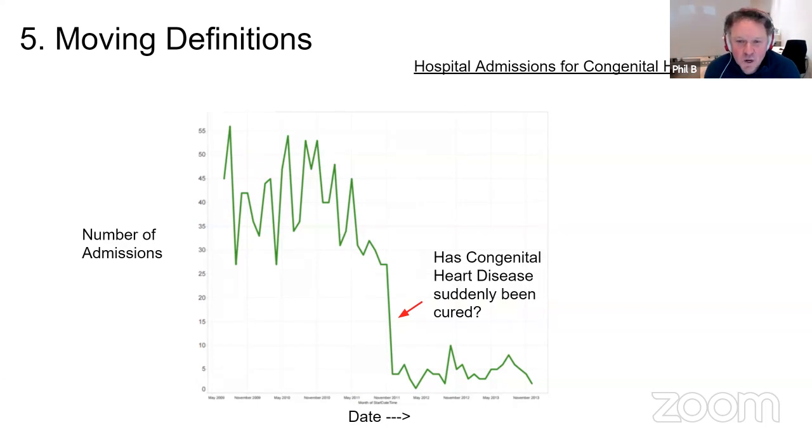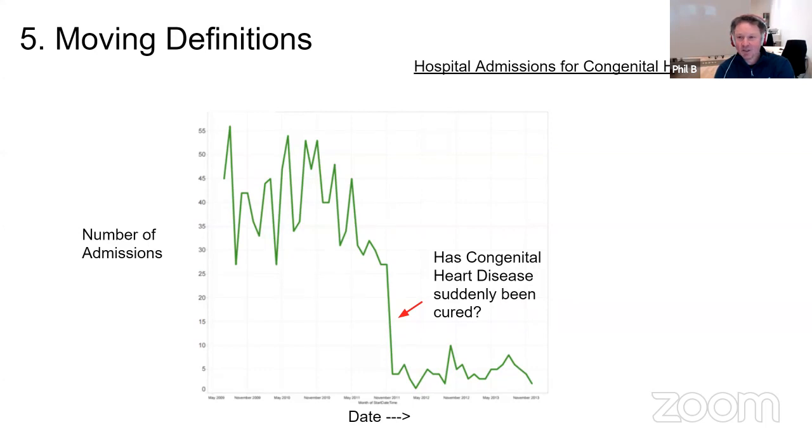When you apply a code to a procedure, it determines how much money you get refunded from the government for that particular procedure. So each code has a dollar value attached to it, and they decided there was a similar but different procedure that got them more money. So they started coding it as something slightly different.